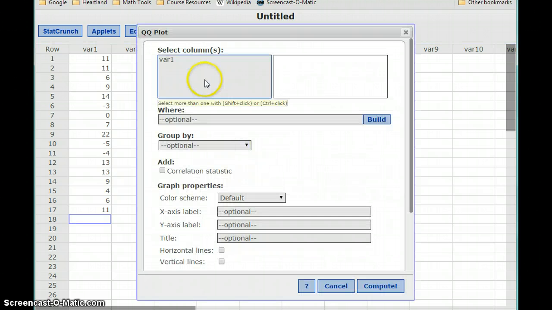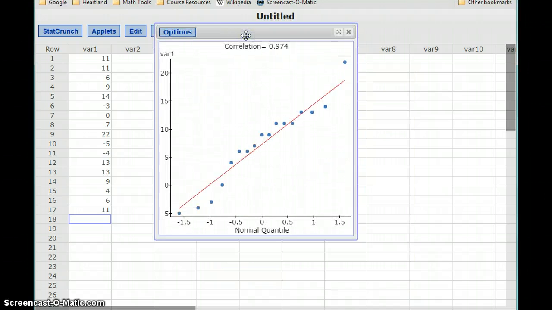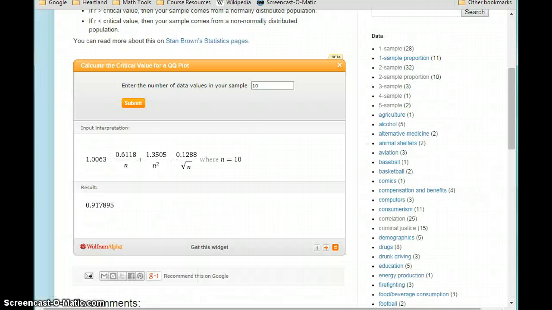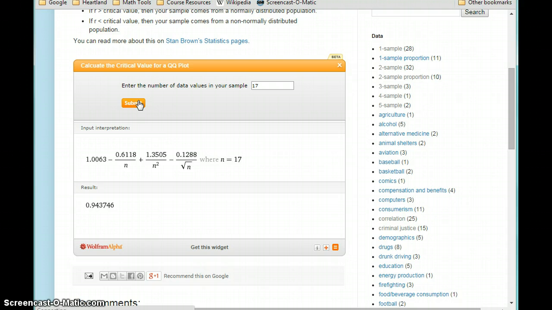So we need to construct a QQ plot, add the correlation statistic, which in this case is 0.974, and then generate that critical value. So for a sample size of 17, the critical value for our QQ plot is going to be 0.9437.